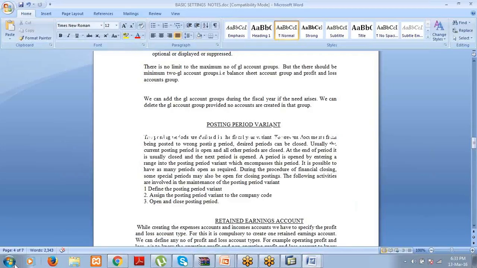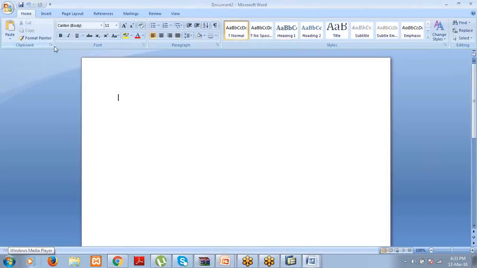Suppose, for example, only the third period is open, right? Now, at the time of posting the business transaction, the user will enter the date, right? So today is actually 13th March 2016. It is the Indian format date: date, month, year.